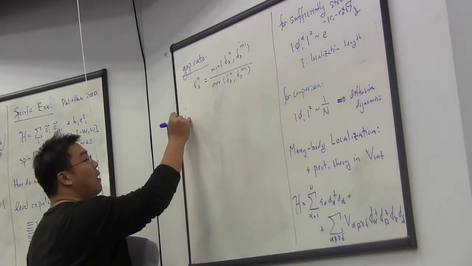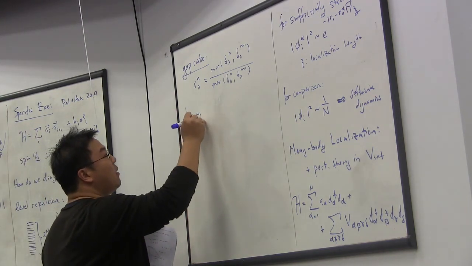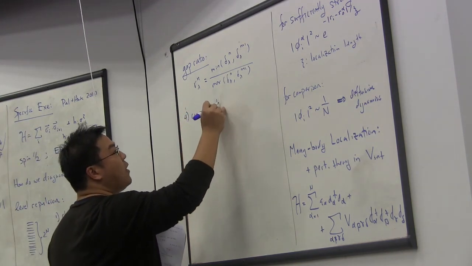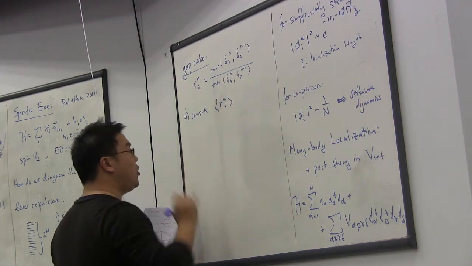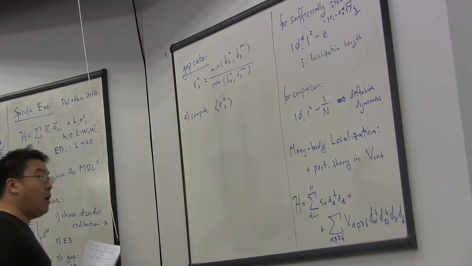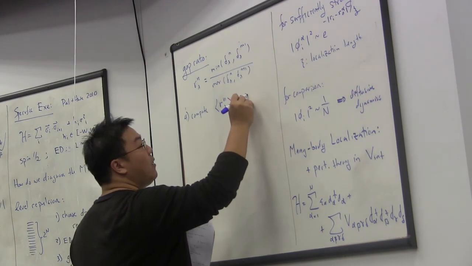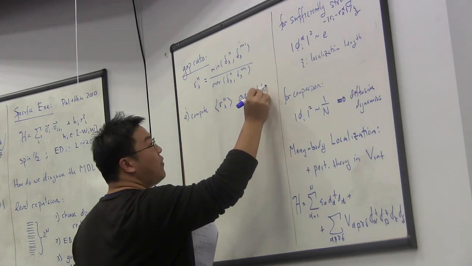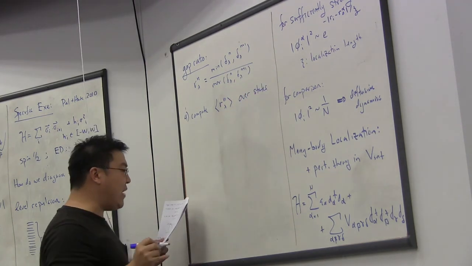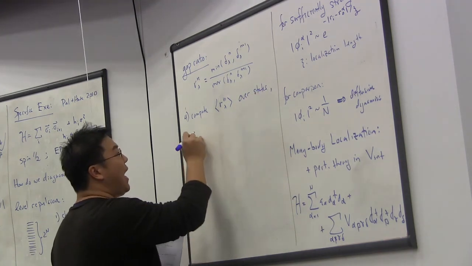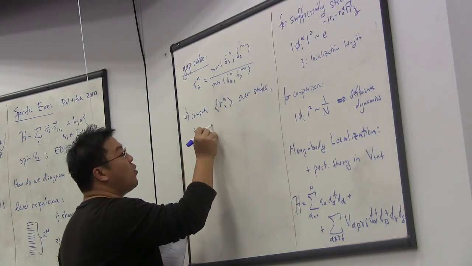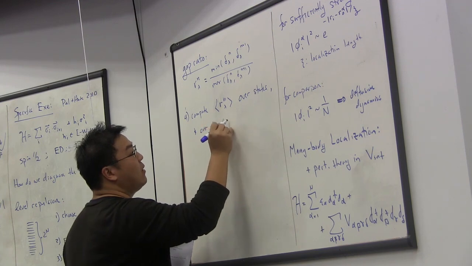Step 4, you compute the average of this gap ratio over the states, over the energy eigenstates in your given disorder realization, and over disorder realizations as well.